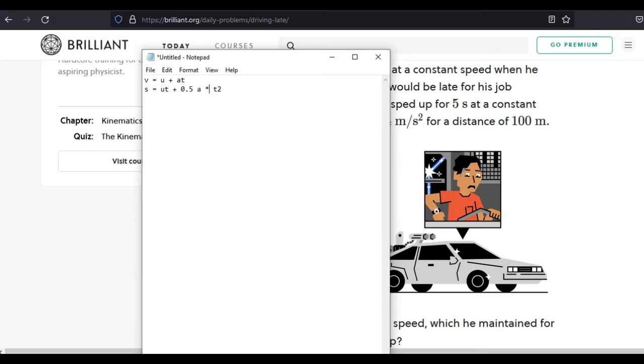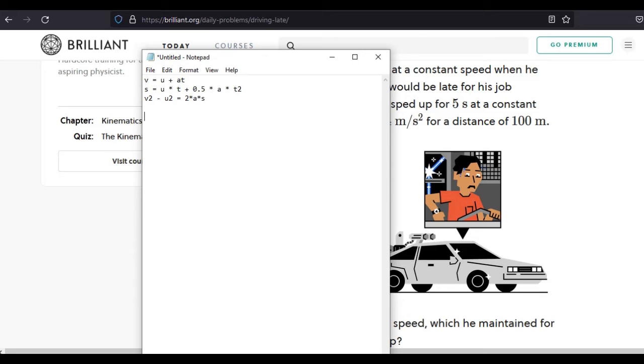S is distance. The distance traveled would be ut, initial velocity into time, plus half, which is 0.5, a, acceleration, and t square, which is again time square. And the last equation we have is v square minus u square is equal to 2as, where again v is the final velocity, u is the initial velocity, a is the acceleration, and s is the distance.